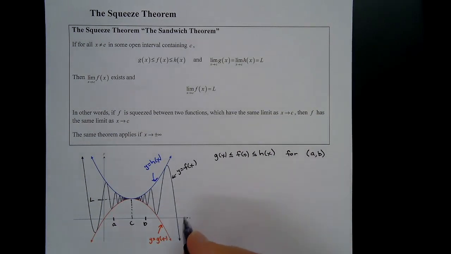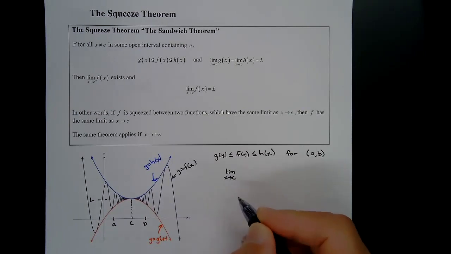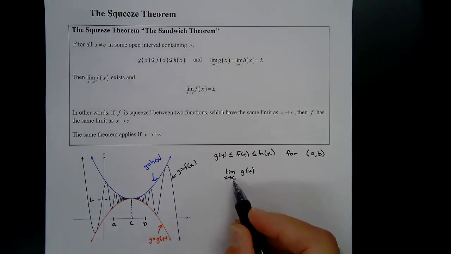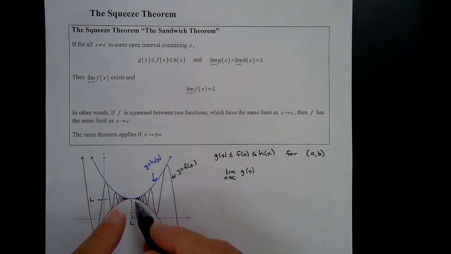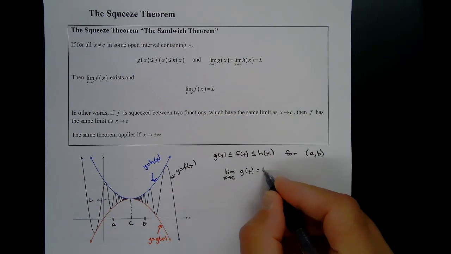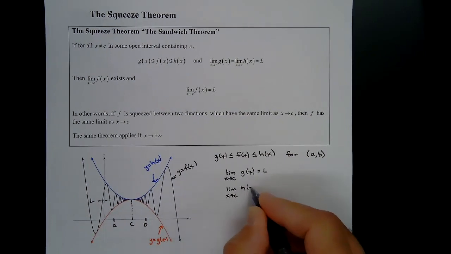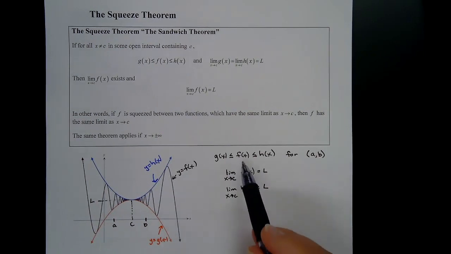So we know from all this that the limit as x approaches c of g of x, and that's a one-sided limit, so the one-sided limits have to exist, and they do. They approach the same value. For g of x, they'd be up here, and this would equal L, and the limit as x approaches c of h of x is also equal to L. So f of x is in between these.